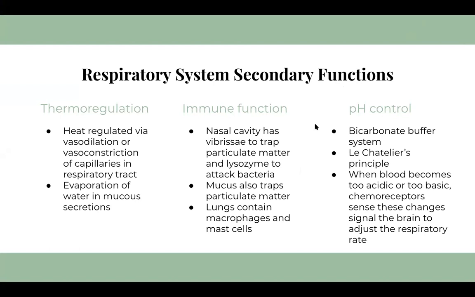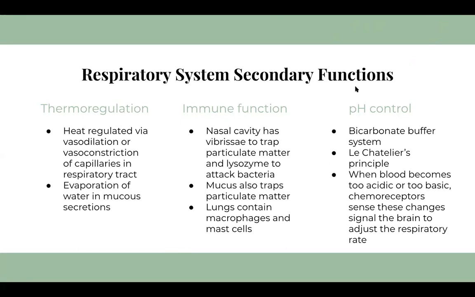Your respiratory tract also has mucus that can do similar functions of trapping particulate matter. On the other hand, lungs have immune cells called macrophages and mast cells that can take care of pathogens if they do enter. You can read more about these in the immune system chapter, and we also have a topic session on that coming up.